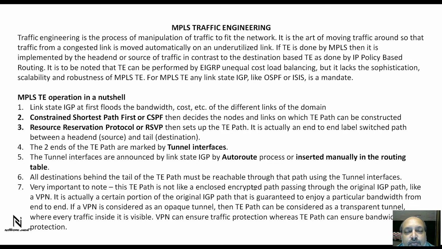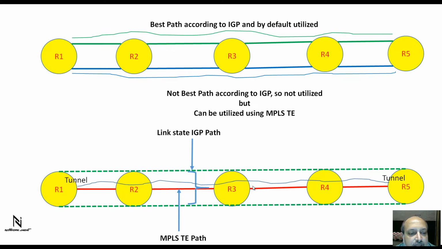Now, what CSPF does is inform the IGP that you can construct this path by using certain physical links and certain nodes, that means certain routers. Once again, I repeat: after the IGP collects all the bandwidth and cost information present in the different links inside that IGP domain, it hands that information to the CSPF algorithm.